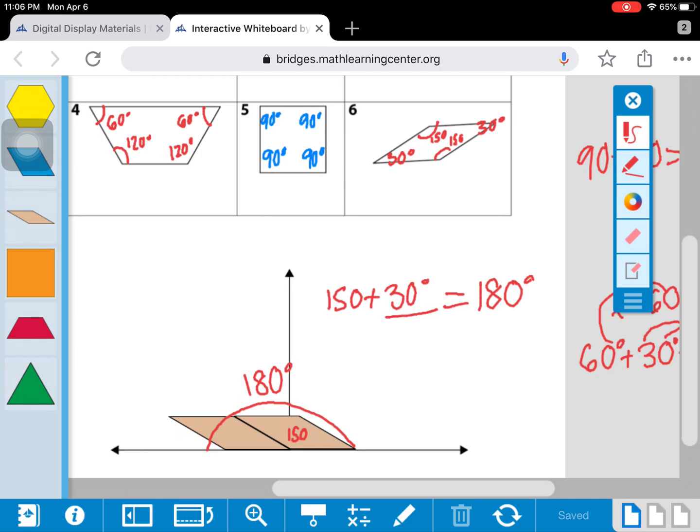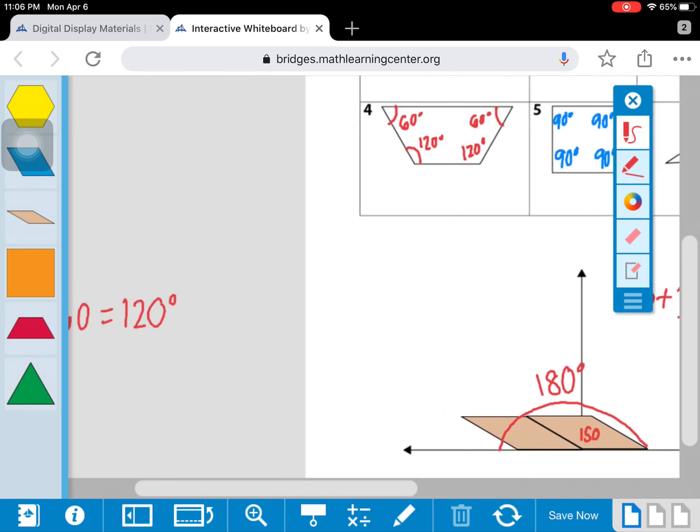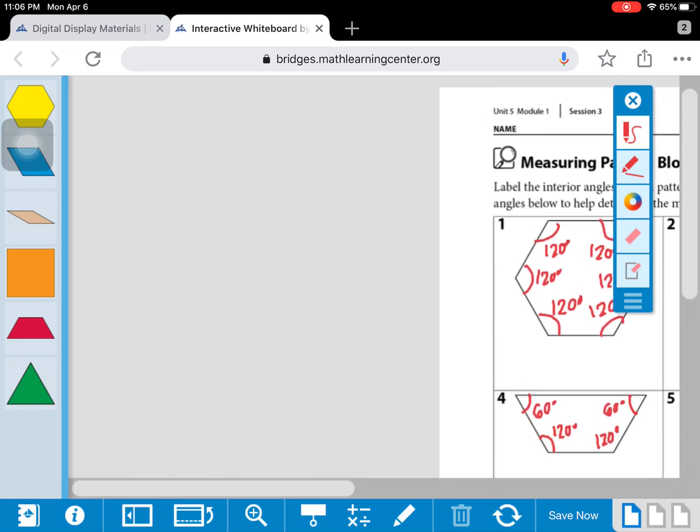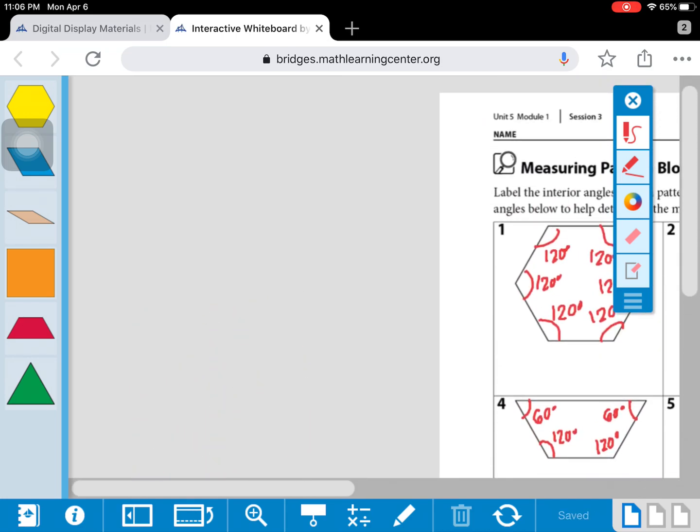Now, the last bit of information that I want to give you that's going to help you when you are working with these pattern blocks. The first thing I want you to know is that when you are working with quadrilaterals, sorry, these turned out kind of weird, I don't know why.